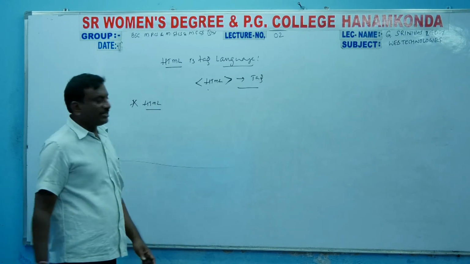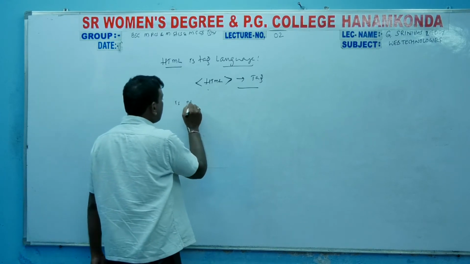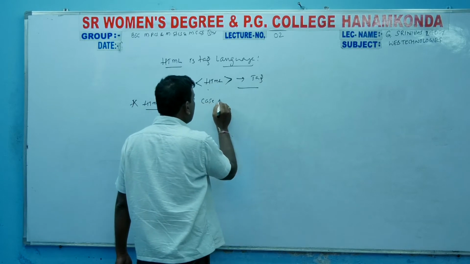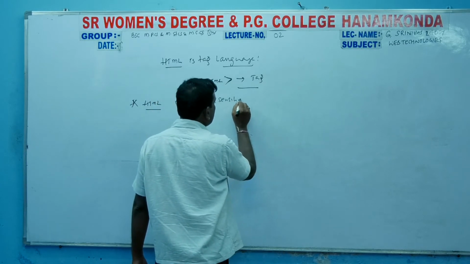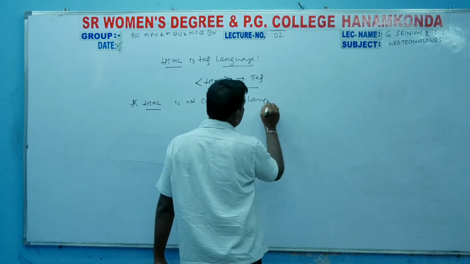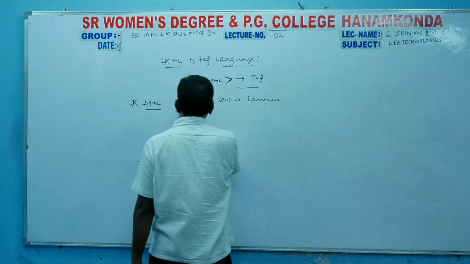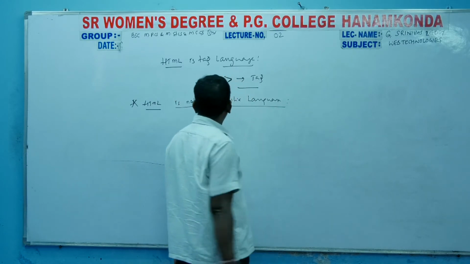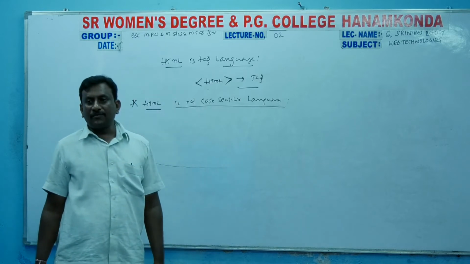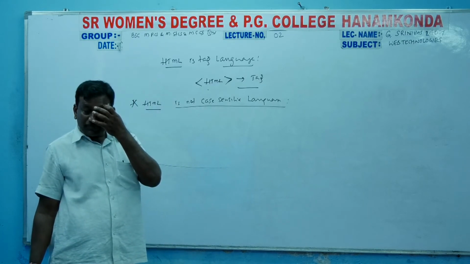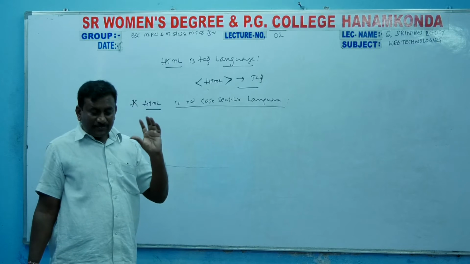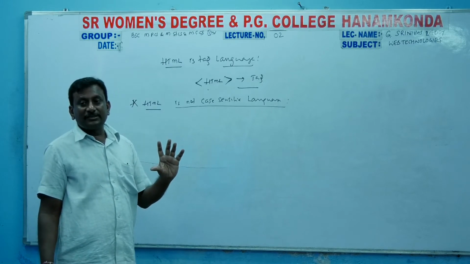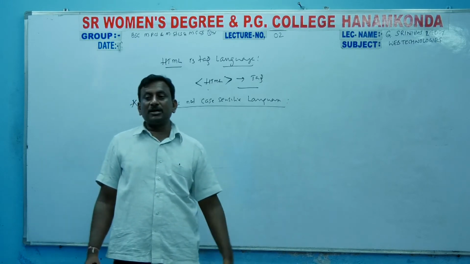Hypertext markup language is not a case sensitive language. What do you mean by case sensitive language? When you write HTML content, you can use either capital letters or small letters.